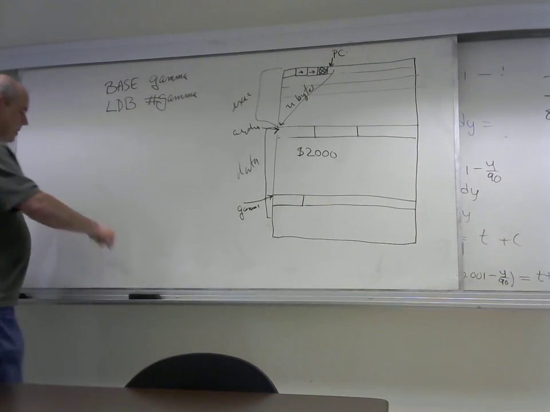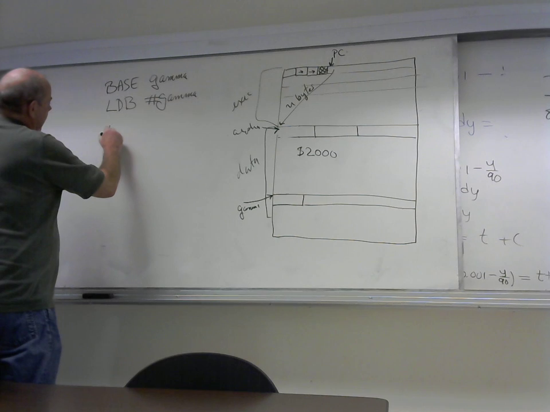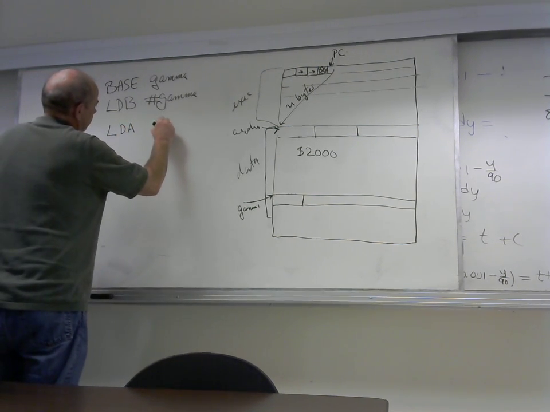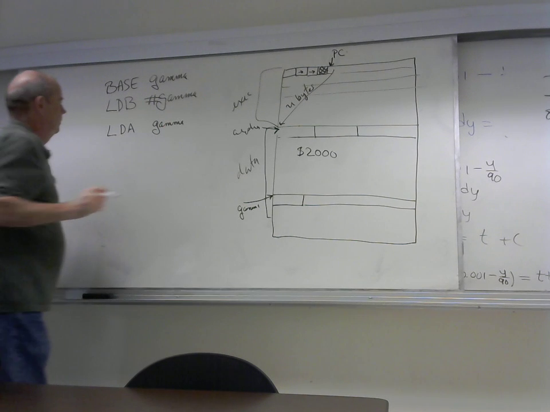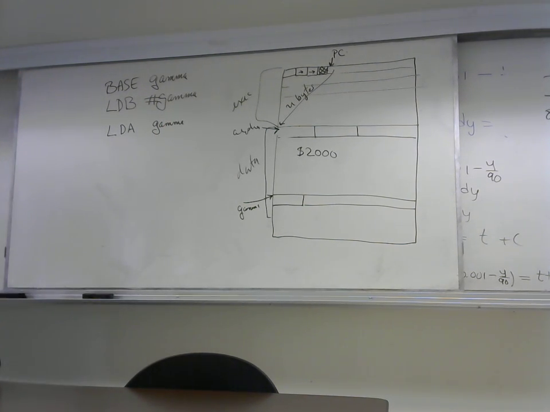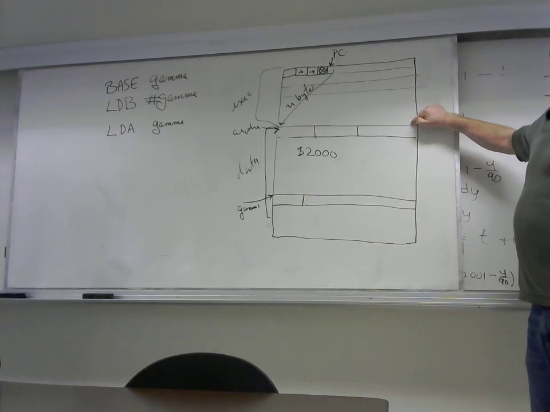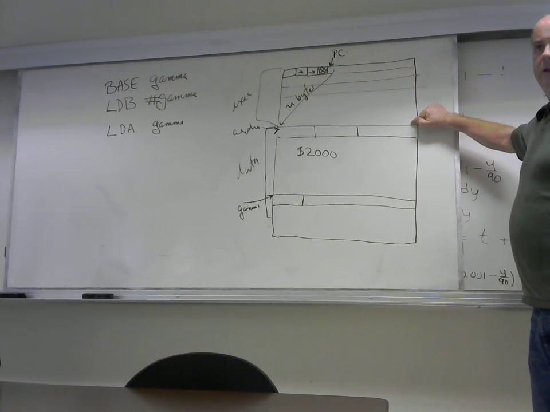So this instruction, LDA gamma, would be impossible with PC relative mode. Now, does it matter where it would be in the executable block? No, it could be the very last instruction right here, and it still would be too far away, so you could not use PC relative mode.